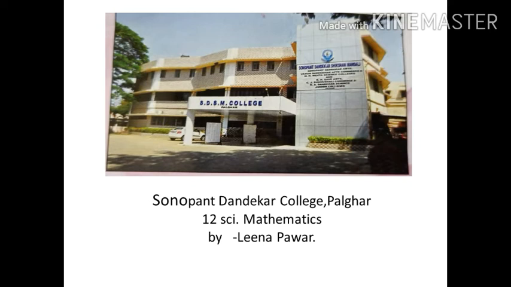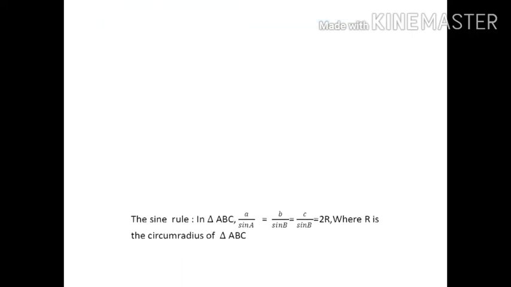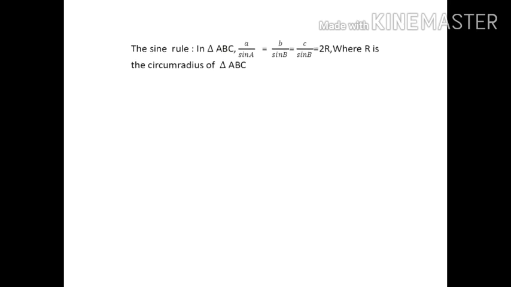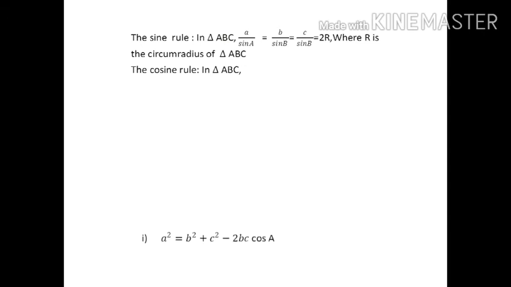In the last lecture we have seen the proof of sine rule and cosine rule. Today we will learn examples of sine rule and cosine rule. Sine rule: in triangle ABC, a upon sine A is equal to b upon sine B is equal to c upon sine C is equal to 2R, where R is the circumradius of triangle ABC, where small a, b, c are the sides of the triangle and capital A, B, C are the angles.